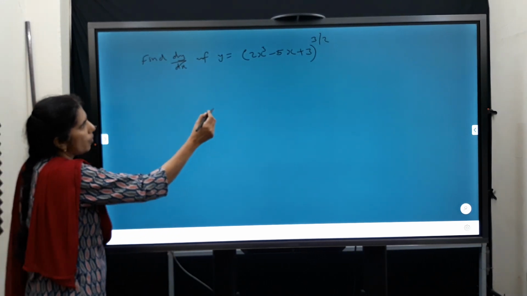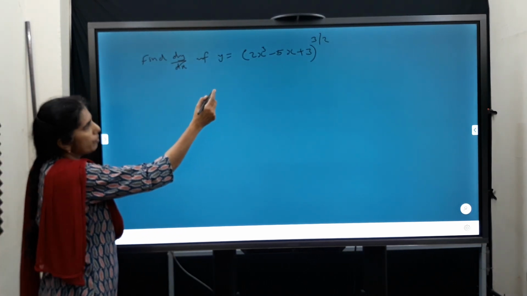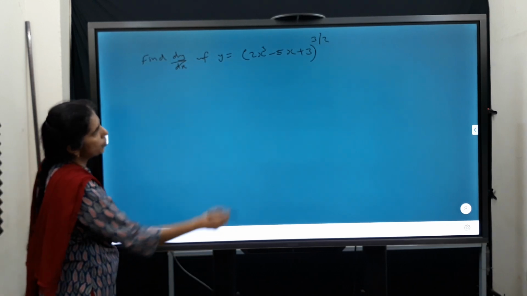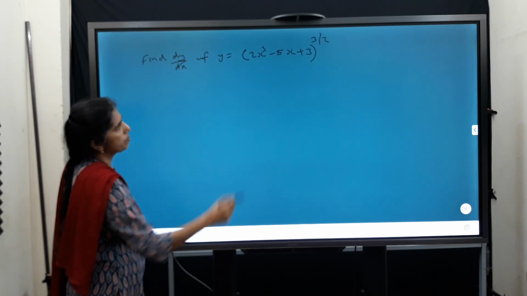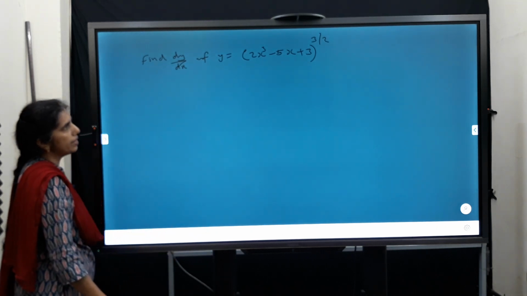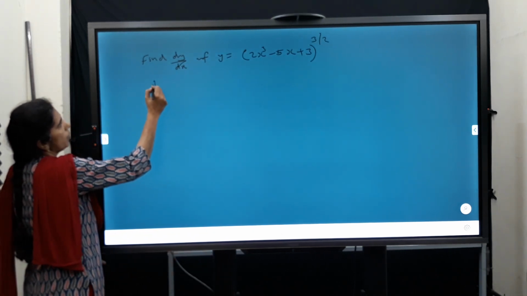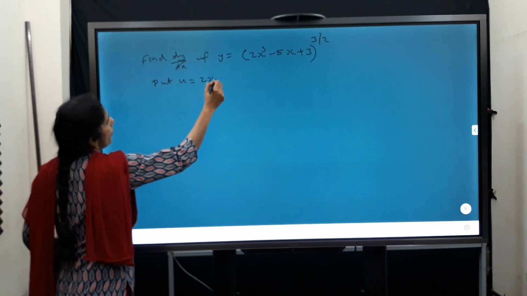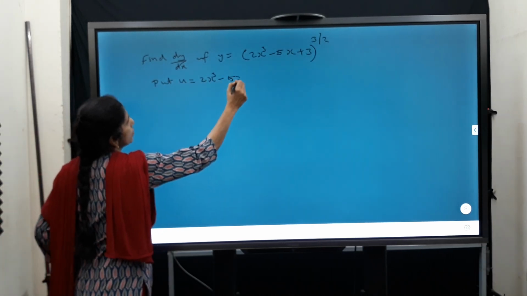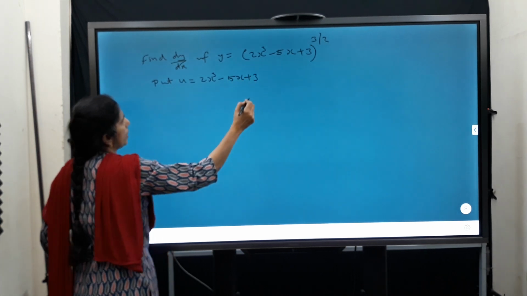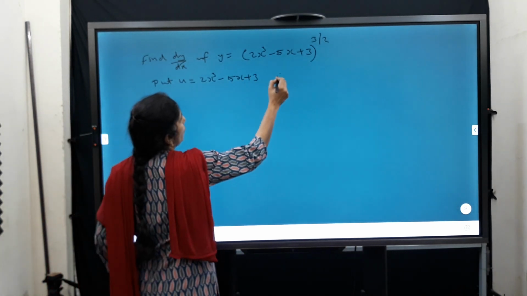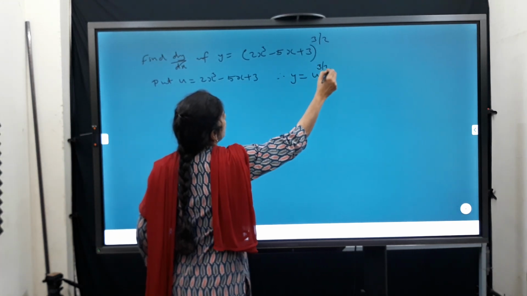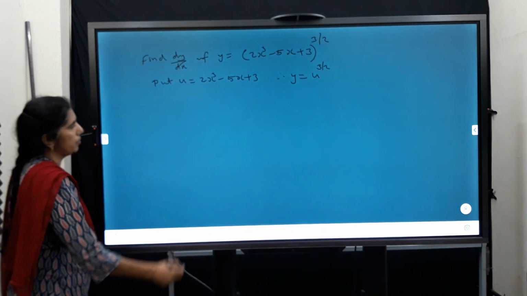So this is also of the form f of x raised to n. Our f of x is 2x cube minus 5x plus 3 and n is 3 by 2. So we put u equal to 2x cube minus 5x plus 3. So we have y equal to u raised to 3 by 2.